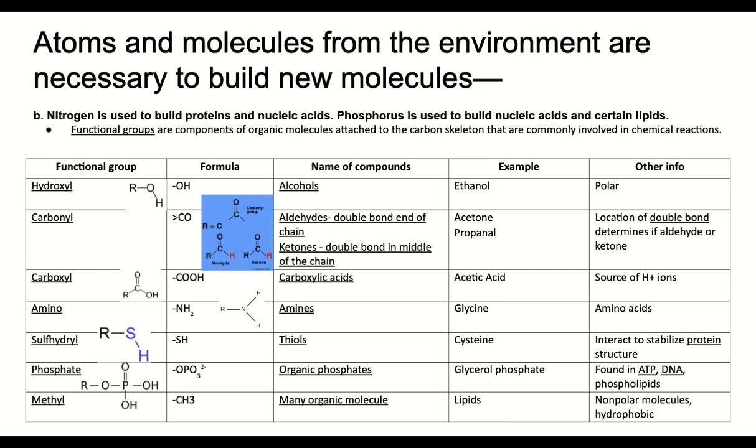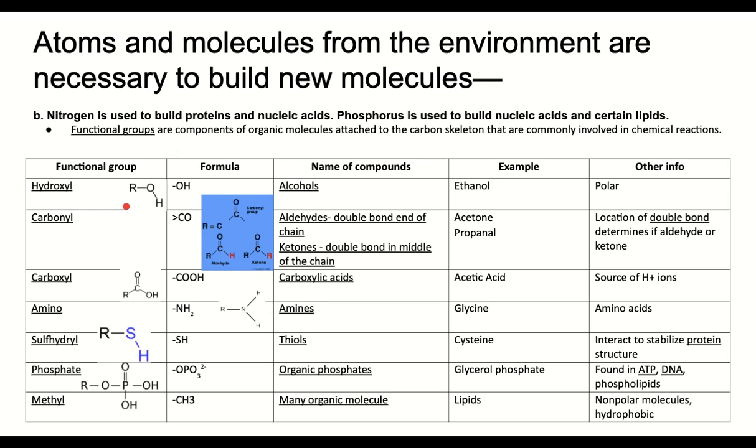Other functional groups that can help give us some clues about molecules, we have the hydroxyl group, which is an OH group. This R here, that we see on many of our pictures, all of them in fact, refers to basically the rest of the molecule.